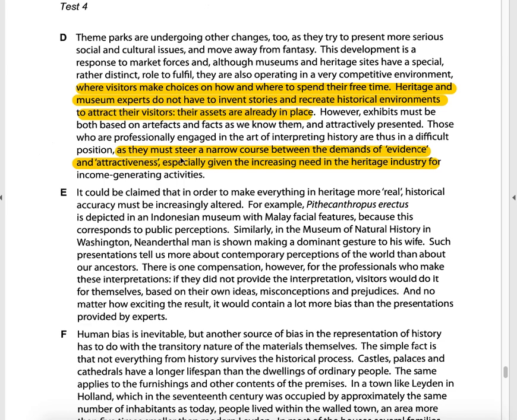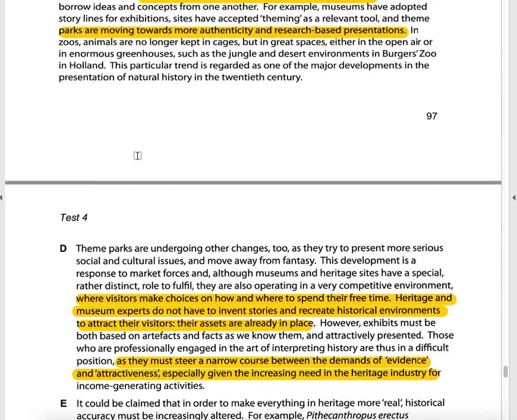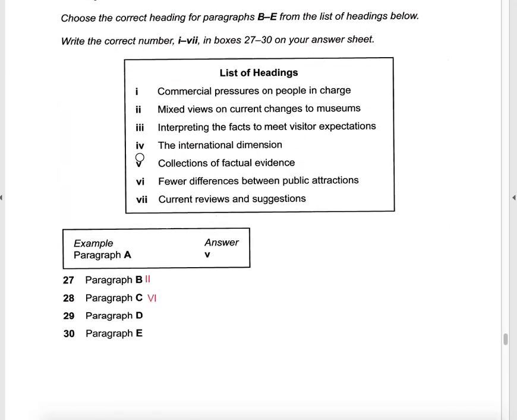It says they must show the evidence, but they also must make it attractive, so it's difficult. I think that one's definitely sounding like 3. See?